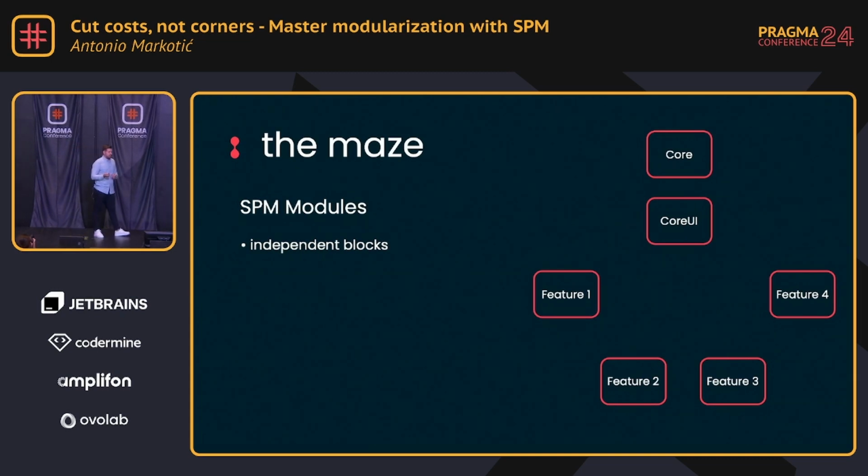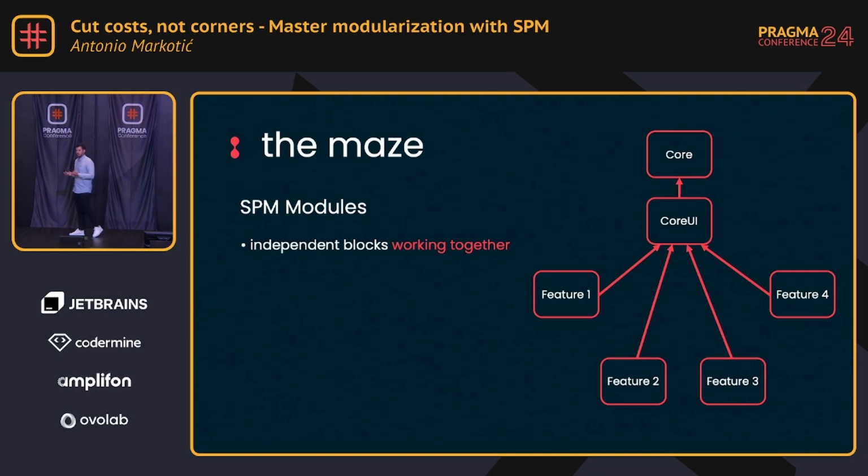And that means, or it should at least mean, that these blocks of code contain logic which represents a logical unit that can work by itself, but with the help of SPM can also work as a whole. And you can see that we have several types of modules. So we'll start explaining the way me and my team structured them from the top to bottom.